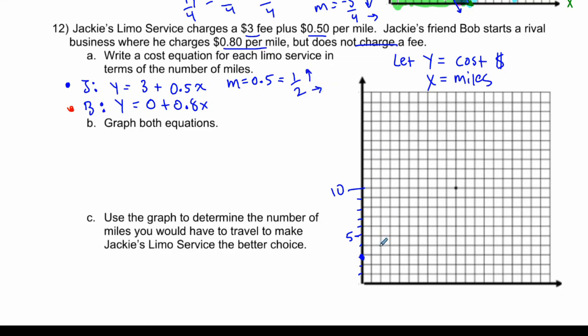Let's let our x-axis be the same scale as our y-axis. All right, up 1, right 2. Let's keep doing that a couple more times.